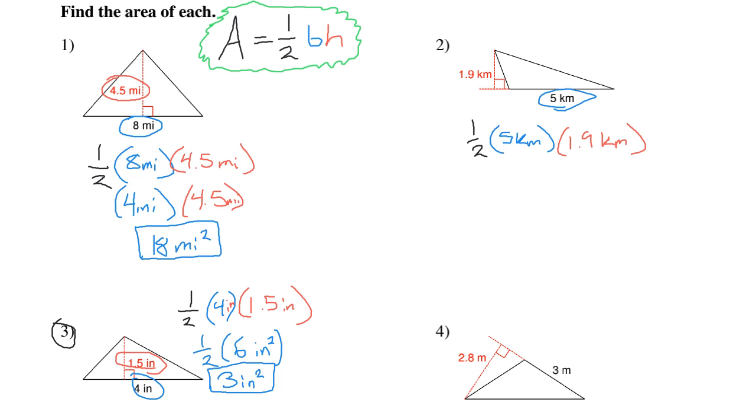So I've got 5 times 1.9. Now, every time we multiply 5 by 1.9, it's like we're multiplying 5 by 2, except it's 0.1 less for each time. So we basically have 10, which is 5 times 2, minus 5 times 0.1, which is 0.5. So what we're left with is 9.5 for this multiplication, and that's kilometers squared.